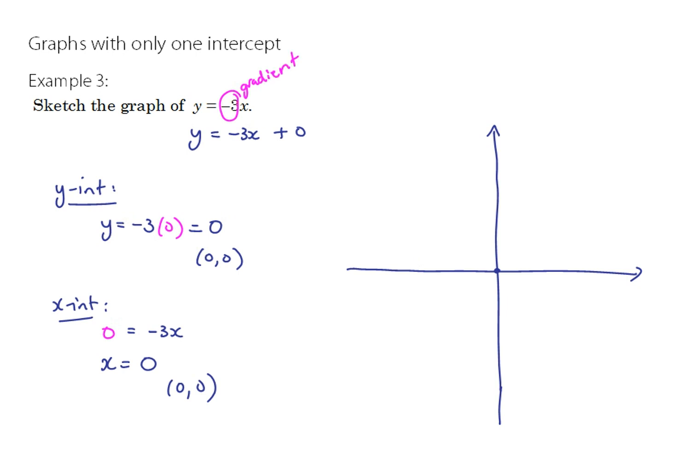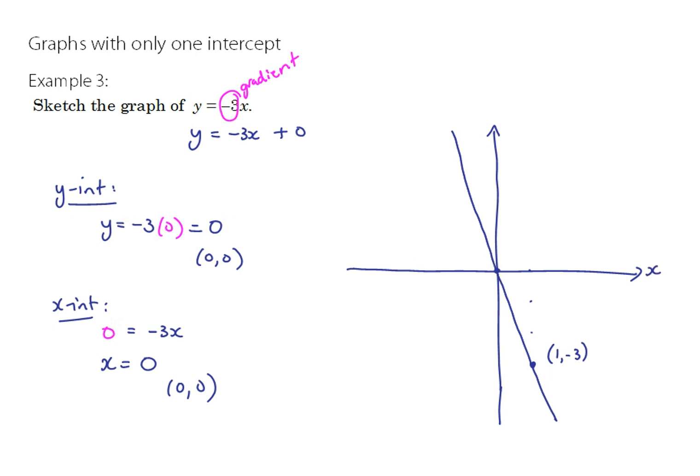So gradient of negative 3 means that for every 1 step to the right, I take 3 steps down. And so there's another point. My graph goes through the point 1, negative 3. And then I've got 2 points that I can join together to create my line.